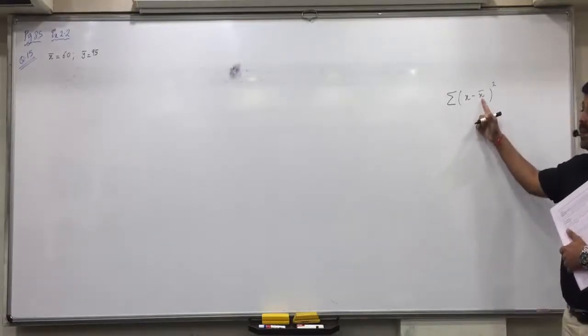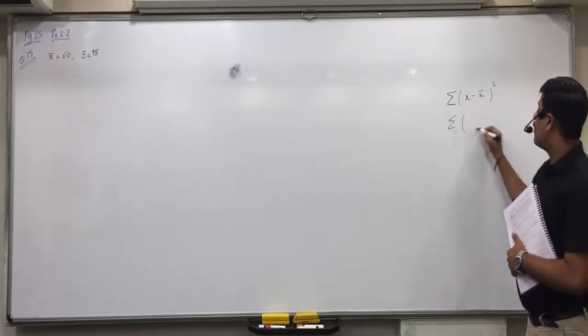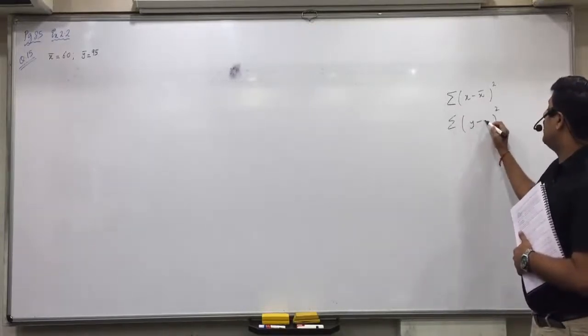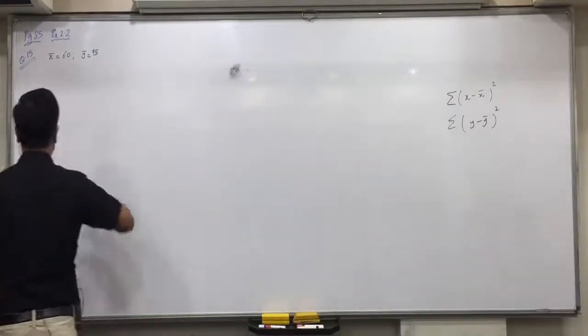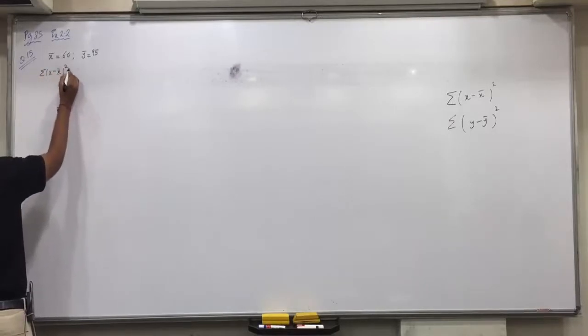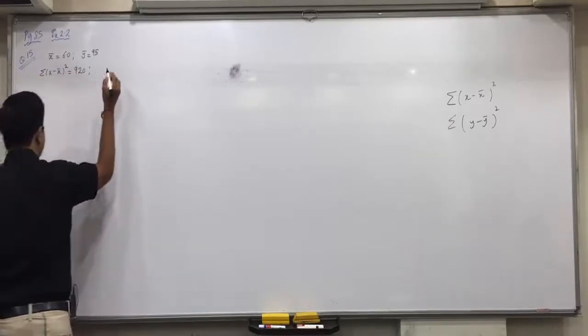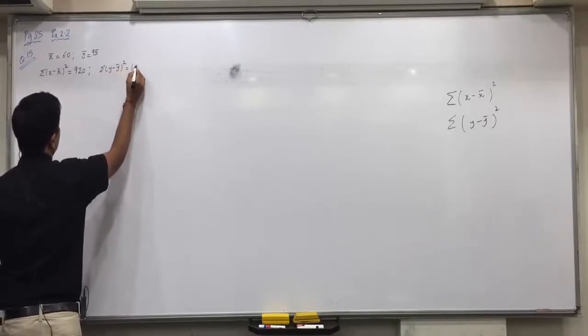Is this deviation taken from mean or not? Same way in case of y, sum of squares of deviation taken from mean. Understood this language, everyone? So that is 920, sigma x minus x bar whole square, and 1050, sigma y minus y bar whole square.